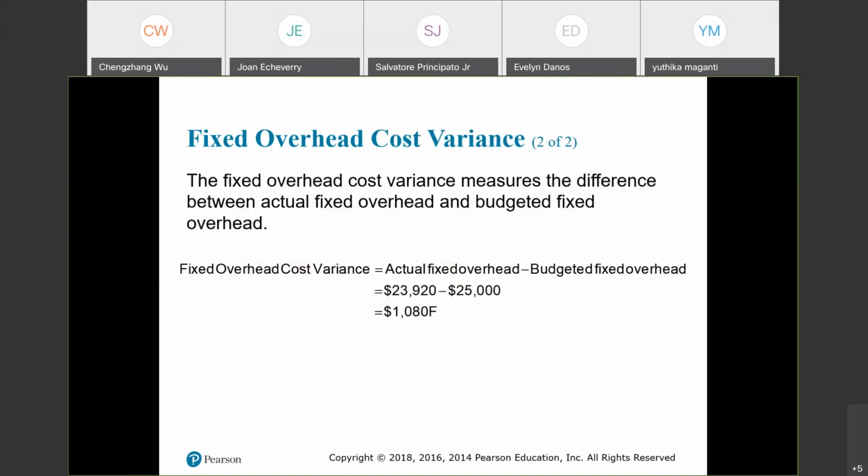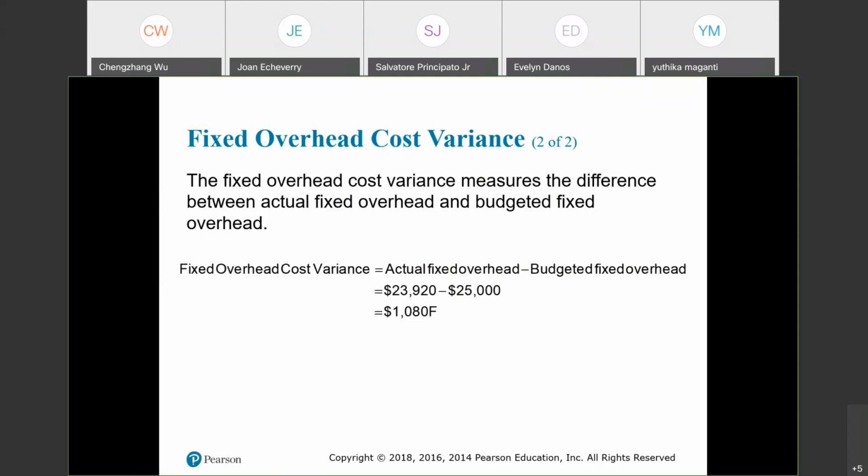So the first thing is to look at the cost variance. The fixed overhead cost variance measures the difference between actual fixed overhead and the budgeted fixed overhead. This calculation is pretty much straightforward.